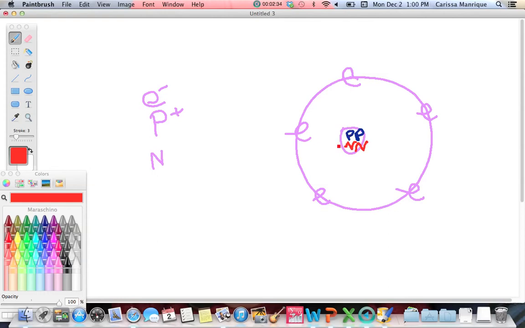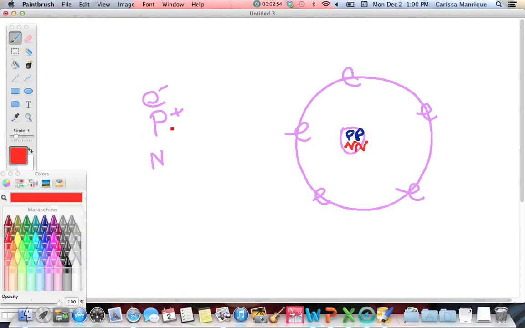So the nucleus is kind of like the sun in the solar system, and the electrons are orbiting outside of this like the planets, if you want to use that analogy. Okay, so remember, electrons, negative charge, are on the outer part of the atom.